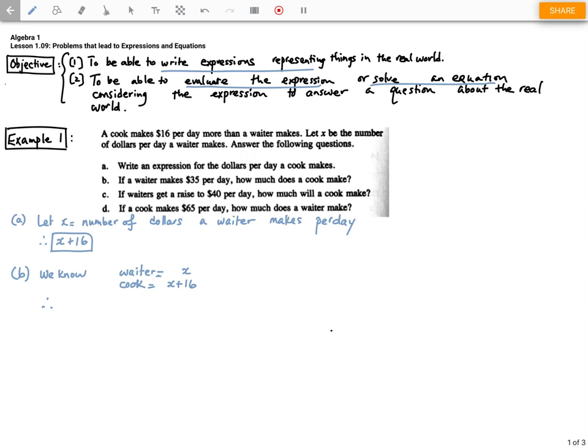Therefore, if waiter equals $35 per day, cook equals 35 plus 16 or $51 per day.